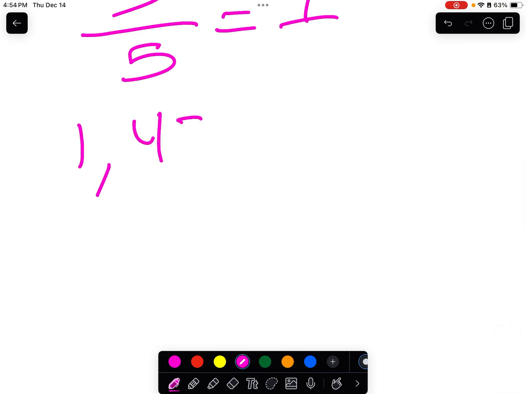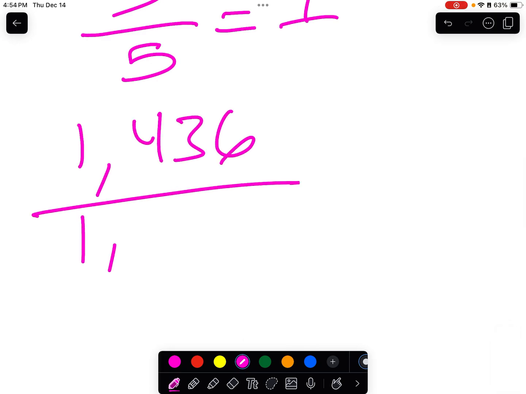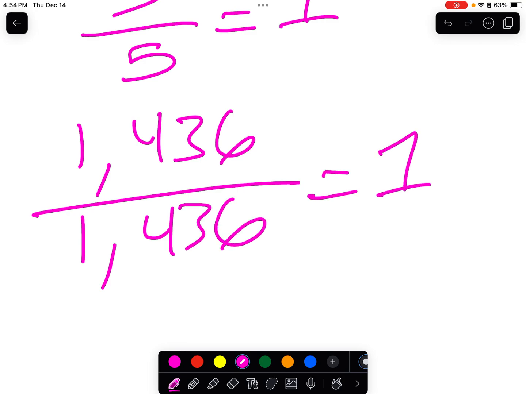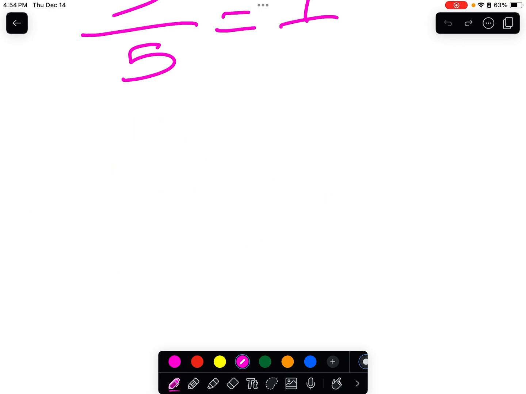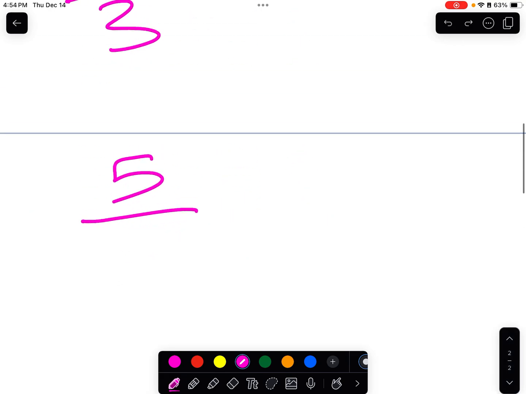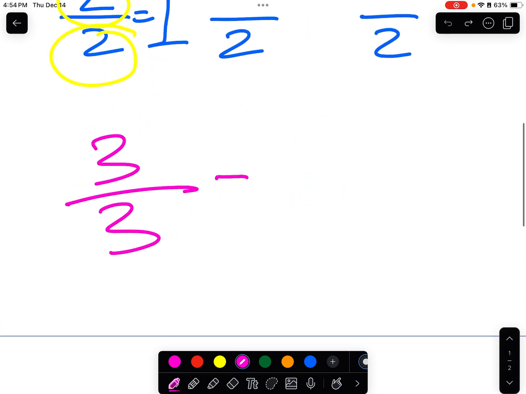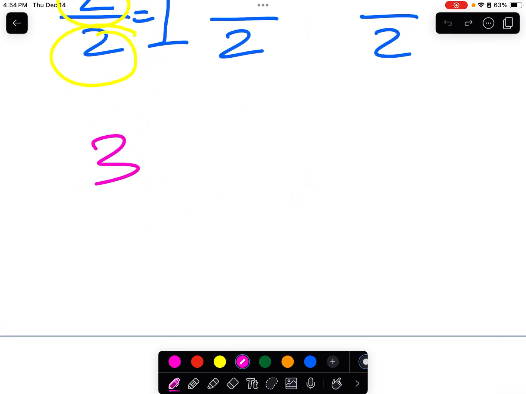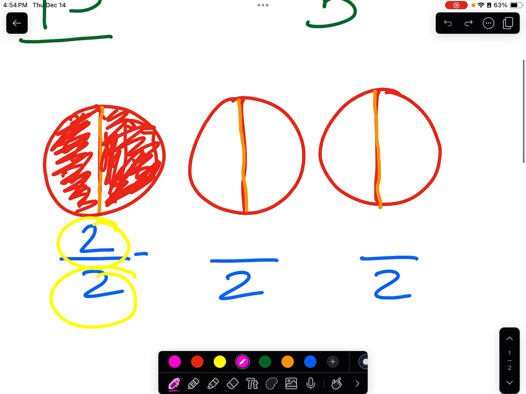And 1,436 over 1,436 also equals 1 whole. So hopefully you get the idea there. Let me remove all these little examples, and let's get back to our original pizzas.